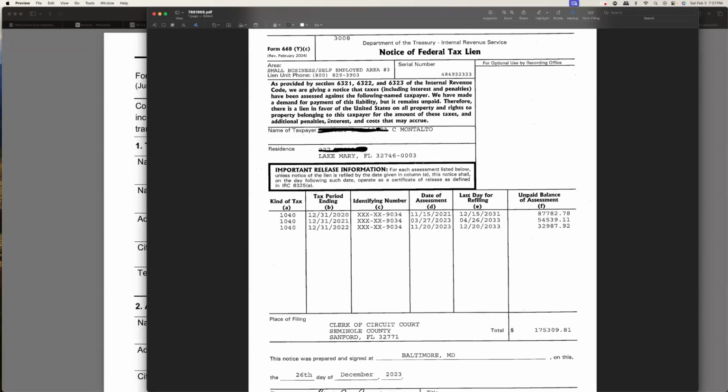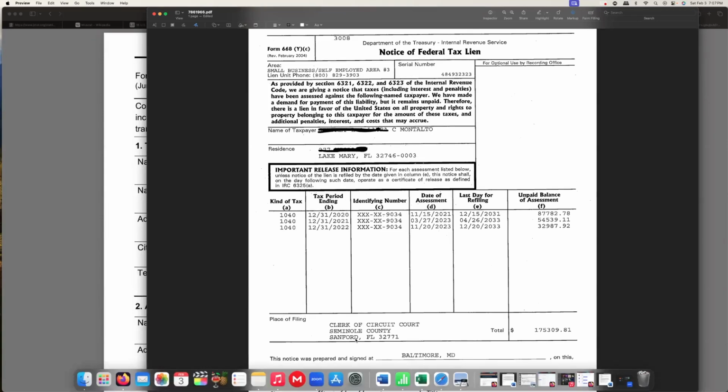We can't find where any of your property is. We have no interest in coming after your assets. And that's the whole point. So let's work on this as an example. And let's say this federal tax lien is being attached to their house, $175,000. Okay.